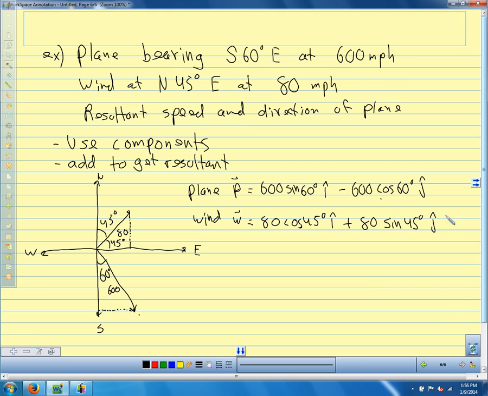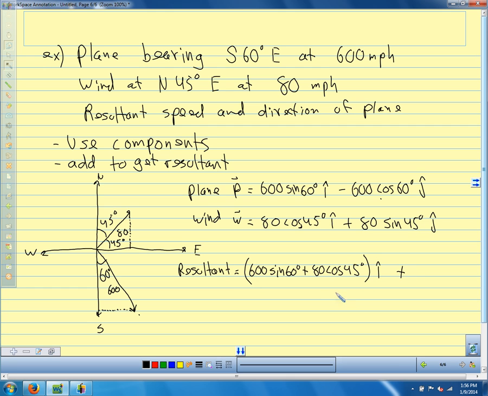We just add these two together. So the resultant, add the x components. So we get 600 sine 60 degrees plus 80 cosine 45 degrees times I hat.